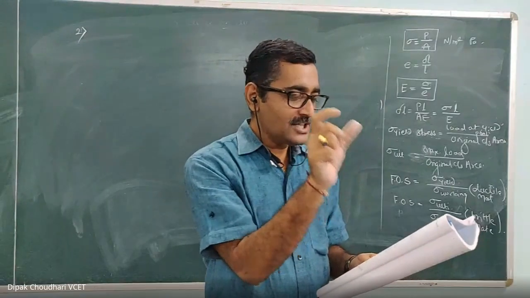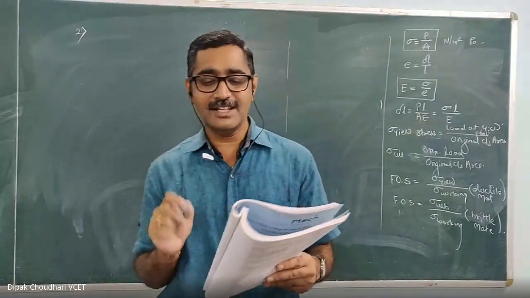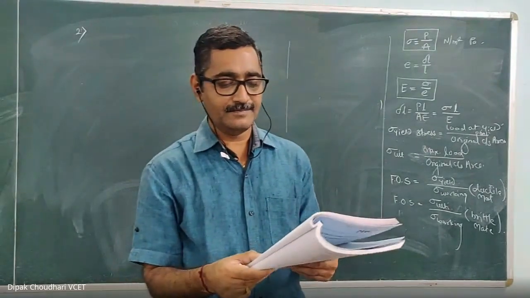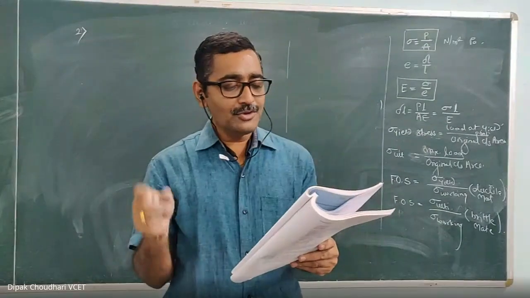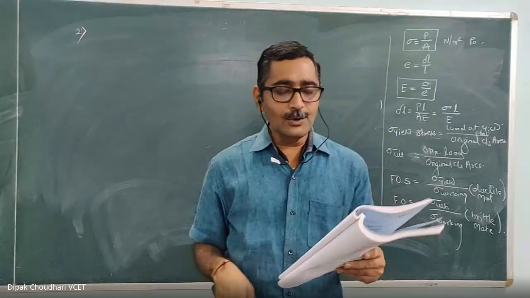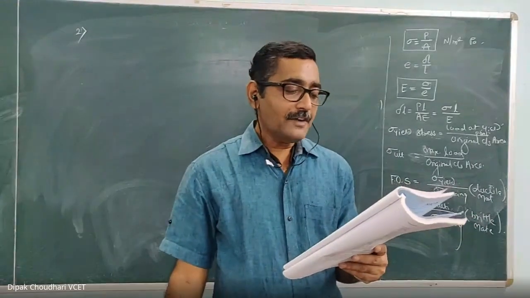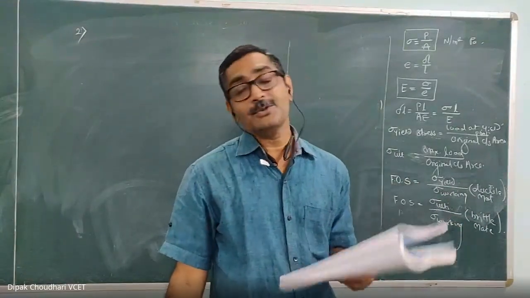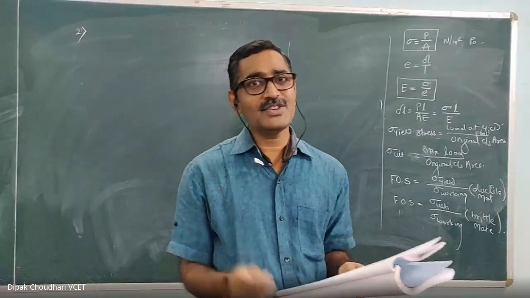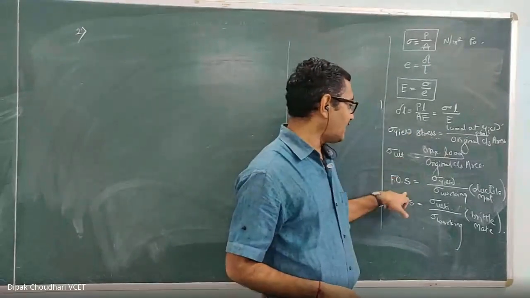The material which is used for the steel tube, for that particular material, the yield stress is given. It is 250 Newton per millimeter square. On that tube, a compressive load of 140 kilonewton is applied. A factor of safety of 1.75 is to be used. Yield stress is given and factor of safety is given.